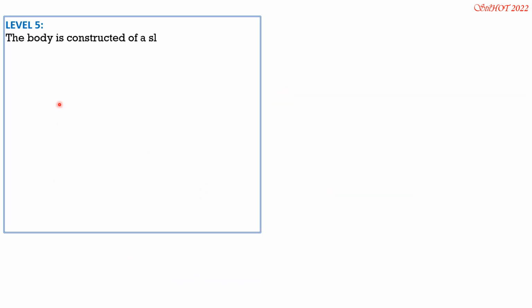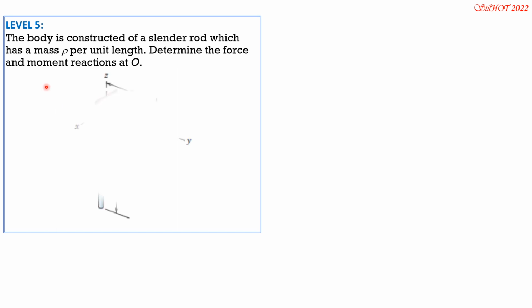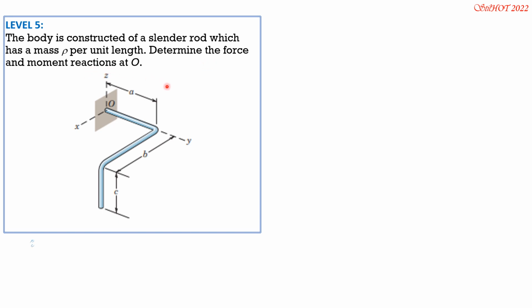The body is constructed of a slender rod which has a mass rho per unit length. Determine the force and moment reactions at O. So this is the weight of this portion of the slender rod: density, the length is A, then times acceleration due to gravity G. And its distance from X is A over 2.